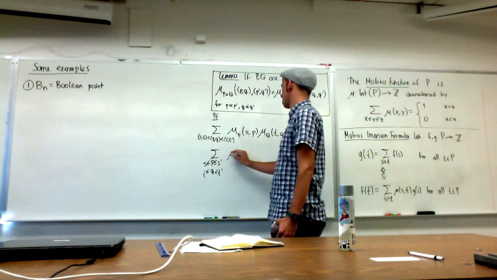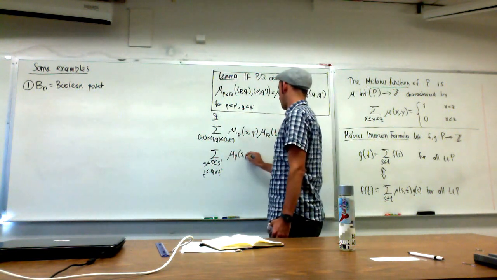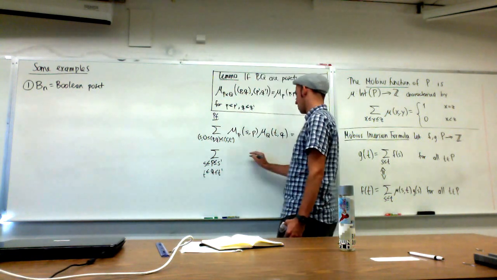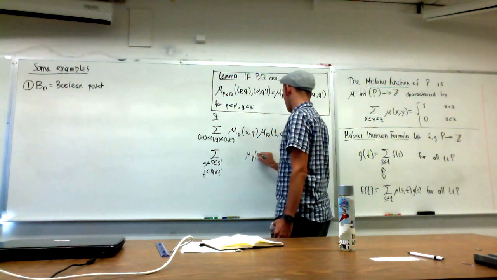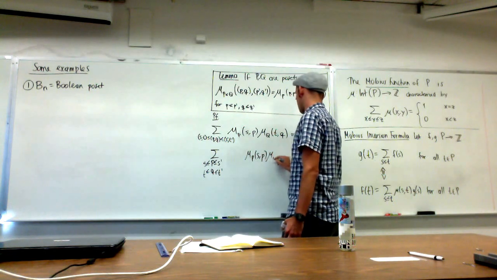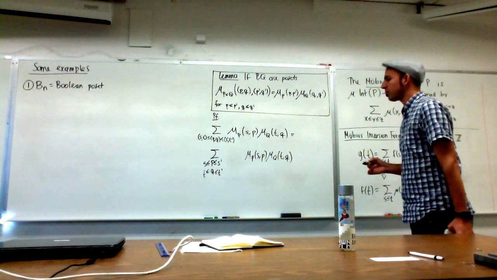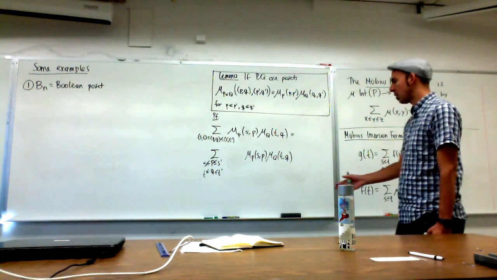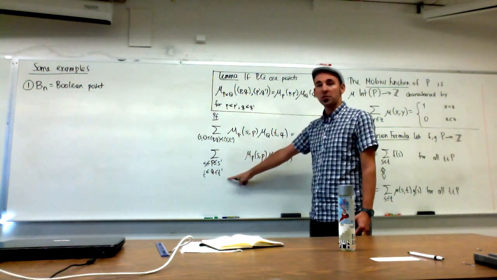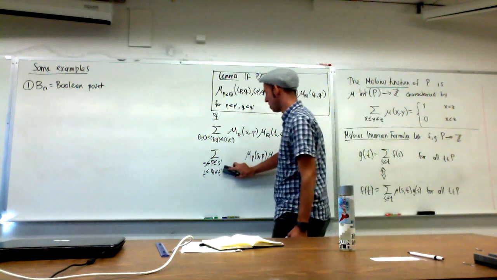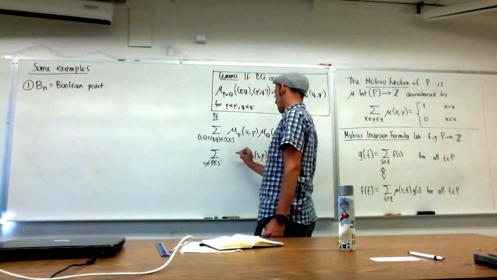And then I have this thing. Actually, let me leave a little bit of space here. And now, this is a double sum, right? I'm summing over P and over Q separately. So let me put it here.